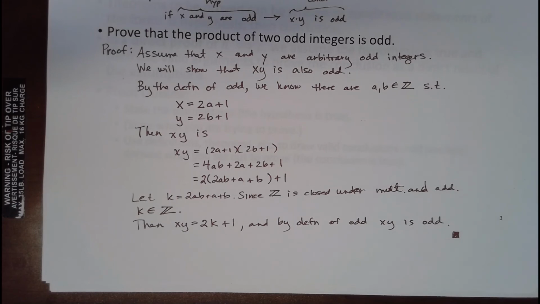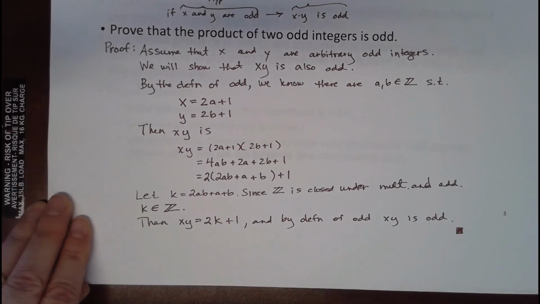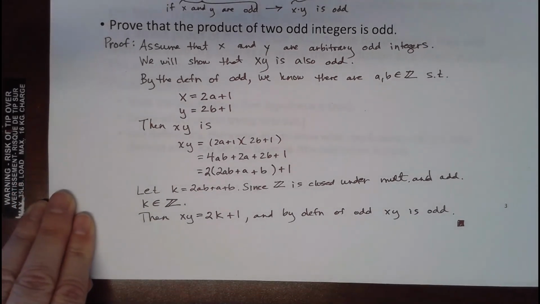And when we were showing that things weren't odd, the only k you could come up with was like 2/3 or something. If there's a rational number that's not an integer, it's not odd. So you have to argue that it's an integer. Otherwise it doesn't meet the definition. Good question. Any other questions on that one?